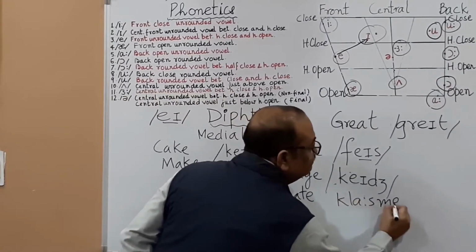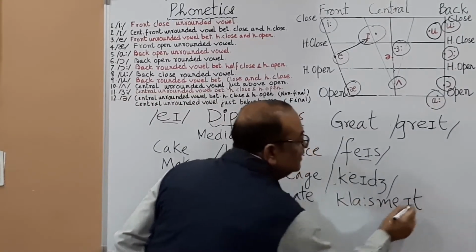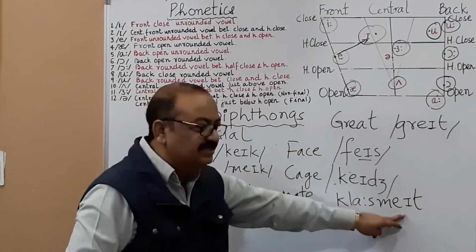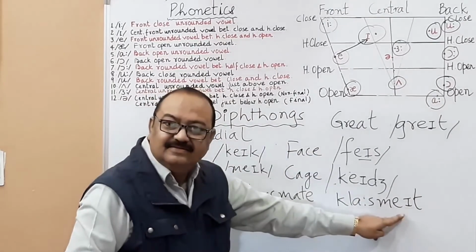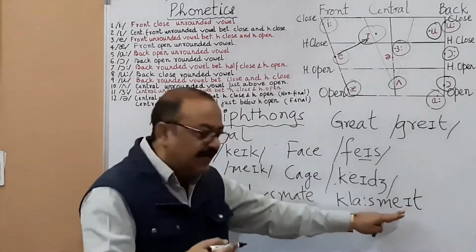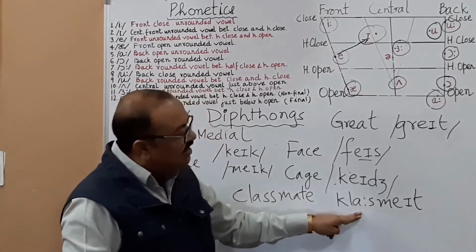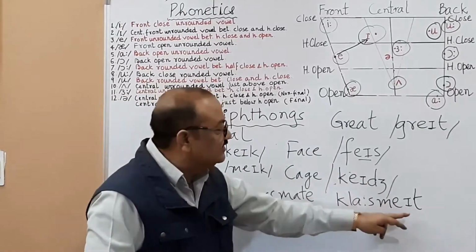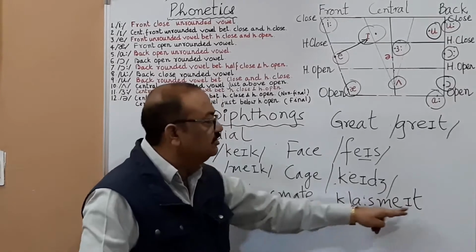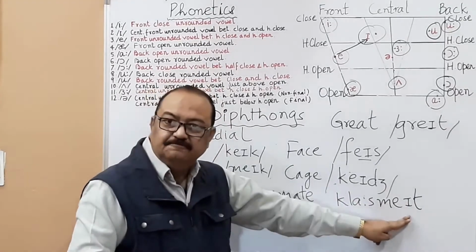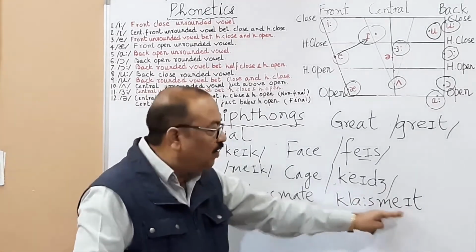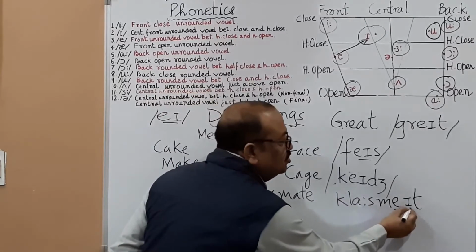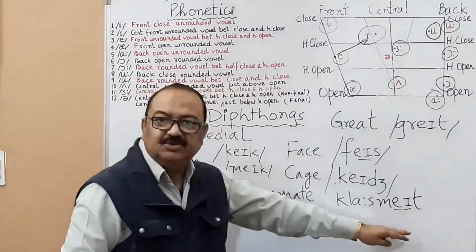Classmate. Mate. But here it is changing. You may not prolong this sound as much as you're prolonging class, yet this is a vowel sound and this one is a diphthong. As simple as that. Why? Because you have two vowel sounds coming together.